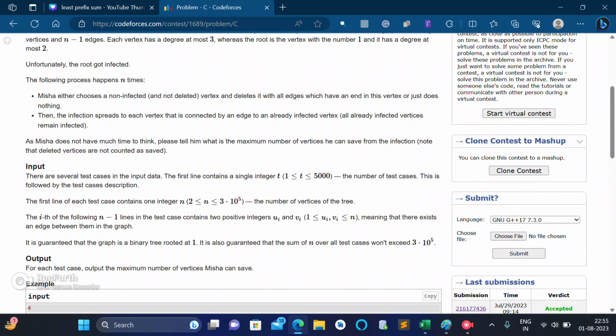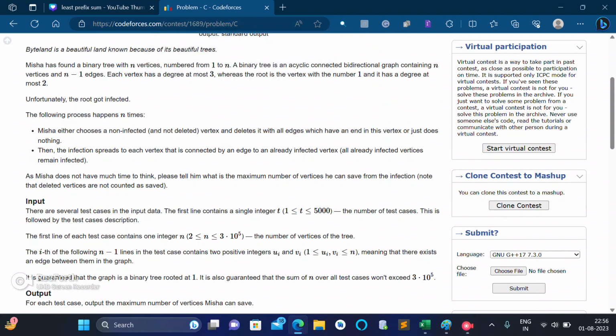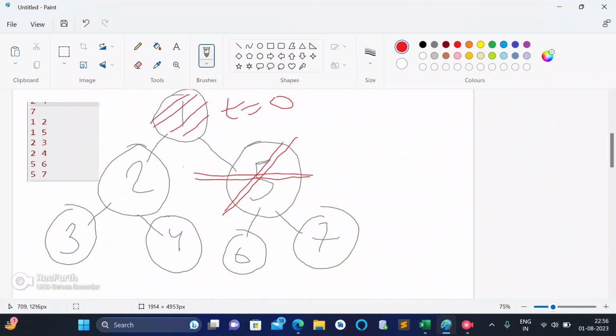Here it is written that the following process takes n times, so at 1 second we can do only one operation. What I'm saying is that at an instant we can remove only one node.